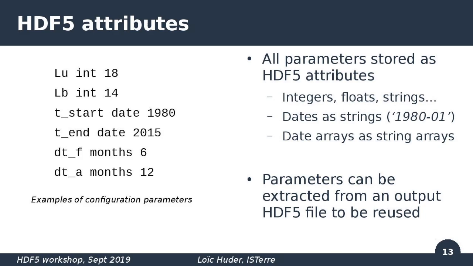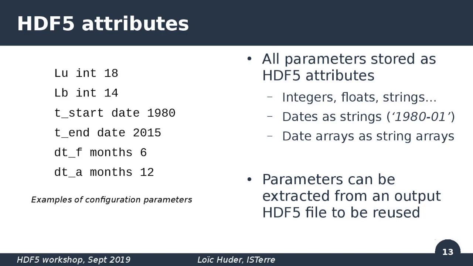The dates are stored for now as strings, and the date array corresponding to the number of forecasts, for example, is stored as string arrays. I think that's maybe not as efficient as it could be, so I would like to discuss this with you afterwards.